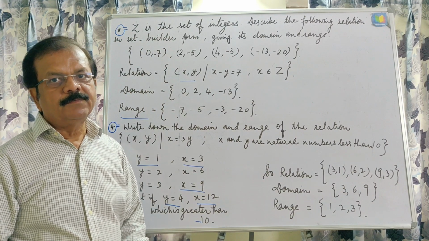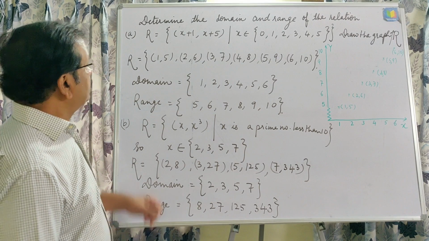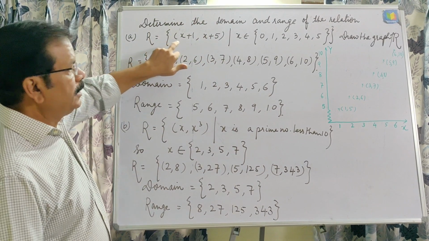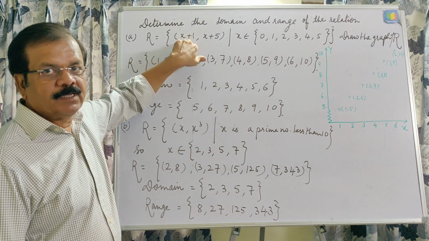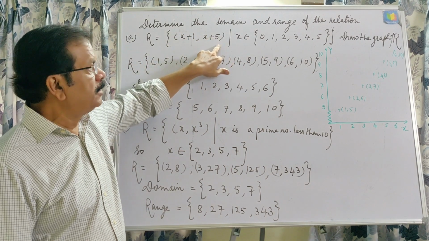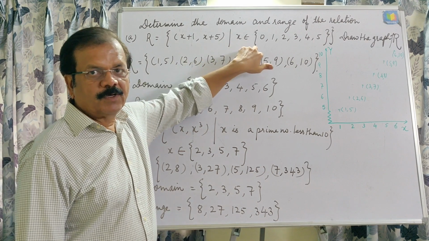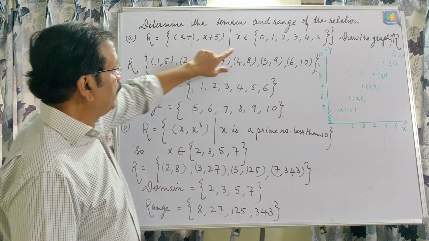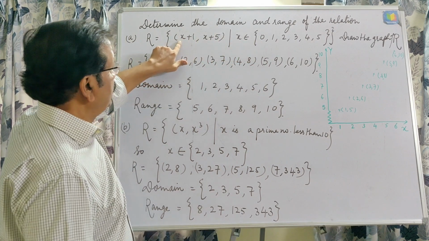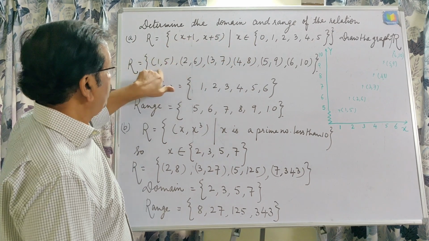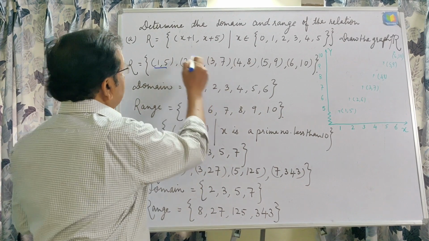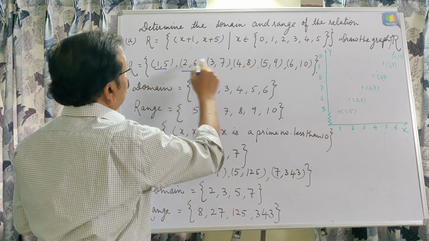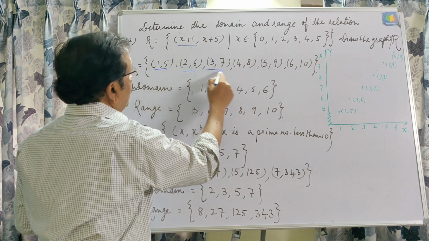Now next question. In this question, determine the domain and range of the relation. The relation is defined by (x + 1, x + 5) in ordered pairs, where x belongs to 0 to 5. Okay, and substituting the value x = 0, this gives 1 and 5. x = 1 gives 2 and 6. x = 2 gives 3 and 7.